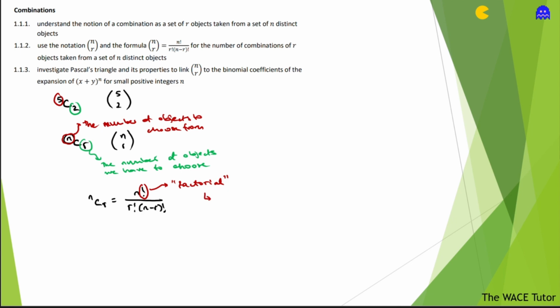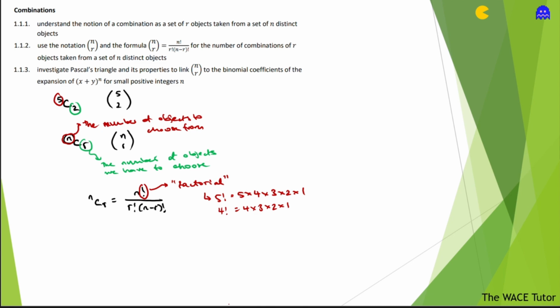Let's give an example to illustrate. 5 factorial is equal to 5 times 4 times 3 times 2 times 1. Similarly, 4 factorial is equal to 4 times 3 times 2 times 1. So a factorial is defined as the number times each consecutive decreasing number.